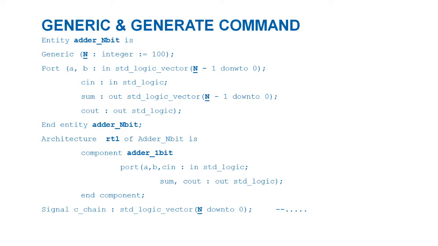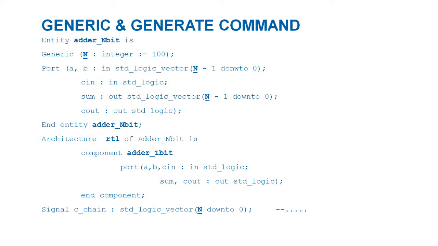So we can implement an RTL architecture attached to this entity simply by instantiating adder 1 bit, which we have seen before, and then also we declare a signal c_chain of std_logic_vector n down to 0, because our carry chain needs to be at least 1 bit higher than the number of additions that we would like to do.